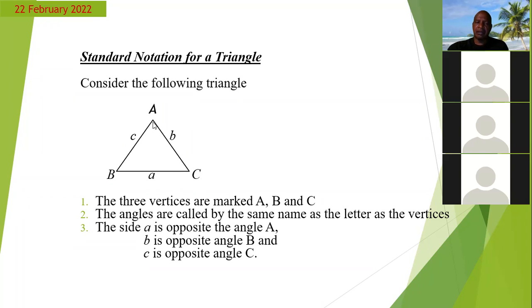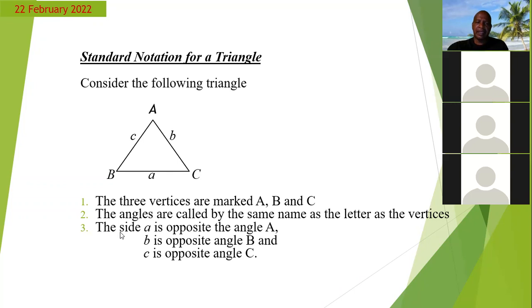So this angle, we'll call it angle A. So the letter at that vertex, we'll call that angle by that letter name, all right? So the angles are called by the same name as the letter at the vertex, or the vertices.